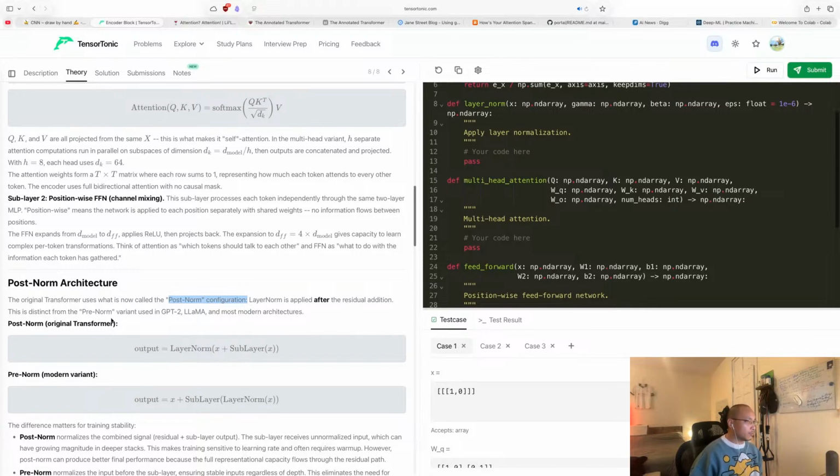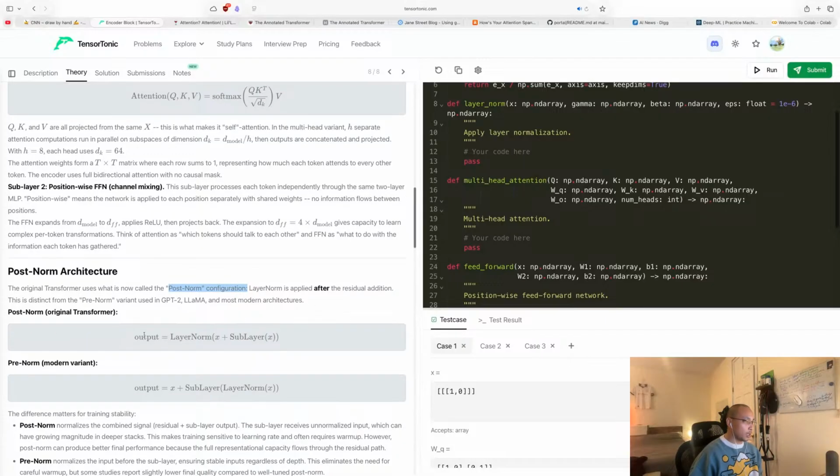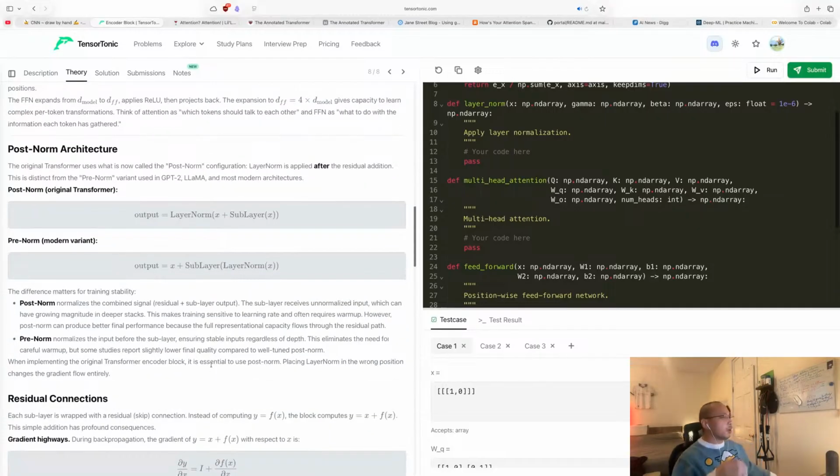This is distinct from the pre-norm used in GPT-2, Llama, and most modern architectures, where you have output equals to a layer norm and then the sublayer. So you add the residual connections after the norm has been done.